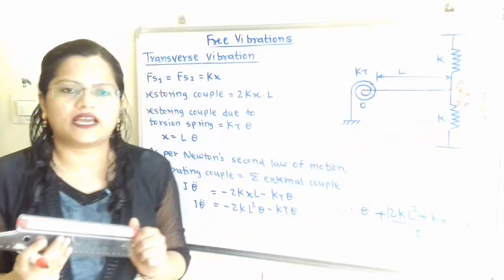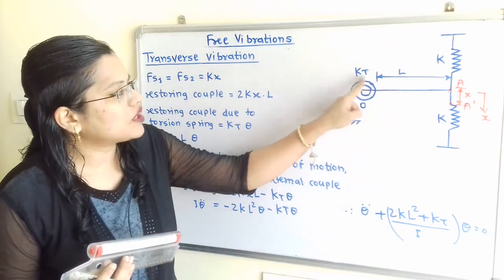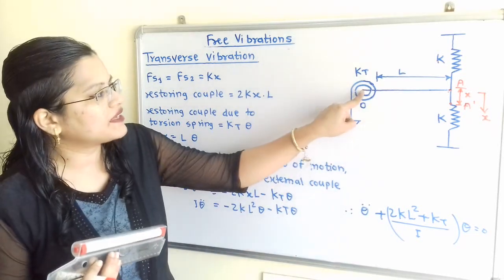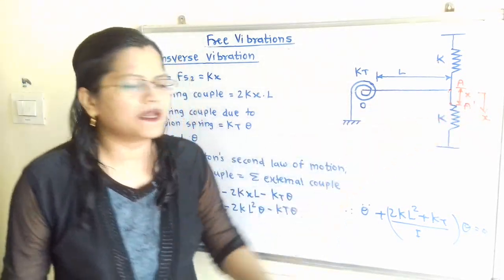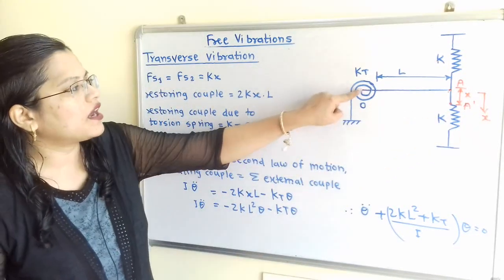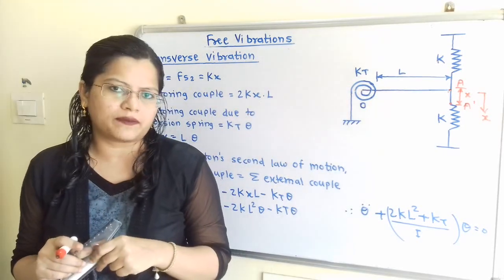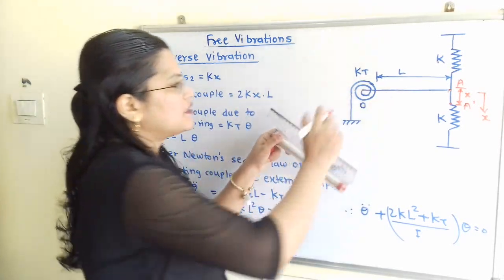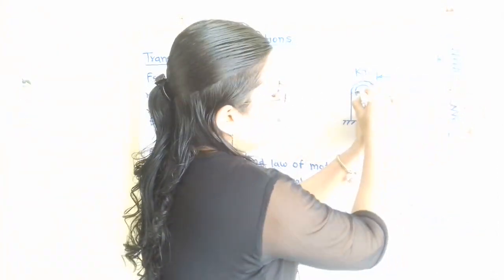The linear motion x is taking place in the downward direction. Now the first end is connected to the torsional spring and it has center O. While this linear motion is taking place downward, about this point O an angular displacement theta is taking place. When we join O and A dash, we get the angle theta.